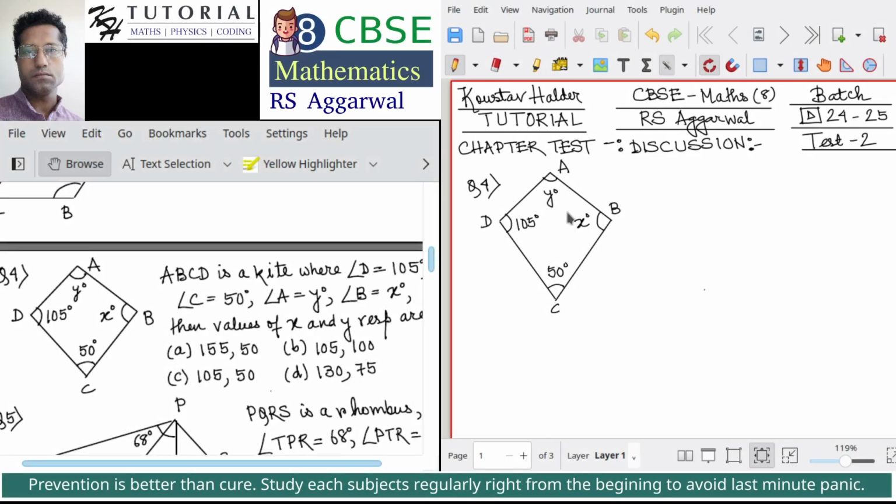Okay, so I will discuss question number 4 and question number 10. Question number 4 was, I have the PDF of the chapter revision test number 2 on the left hand side.